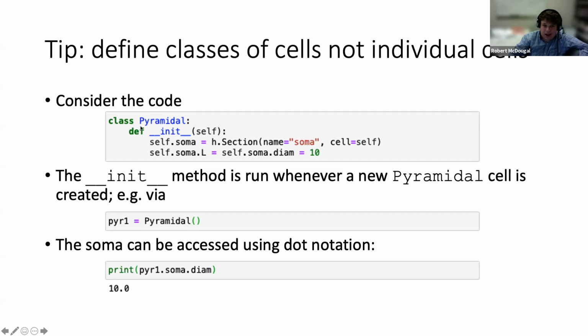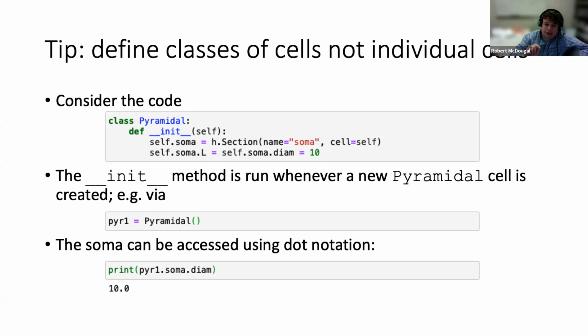What this says is that every time I want to create a pyramidal cell, I'm going to do the same rule. So the self of that pyramidal cell has a soma, and it's going to be a section that has a given name and belongs to this cell. That soma is going to have a length, in this case also equal to the diameter, which also happens to be 10 microns.